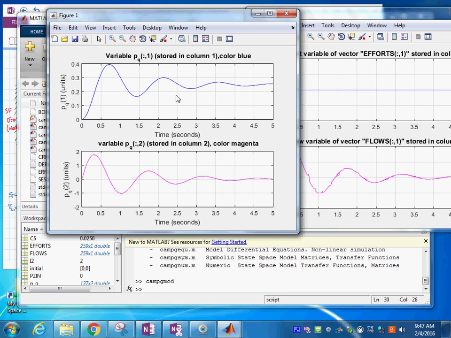And we could plot many of the variables in there. But this is how you run a simulation as a basic set of steps, in an elementary way. I have explained how you could start with this model, generate a model, and do the simulation.